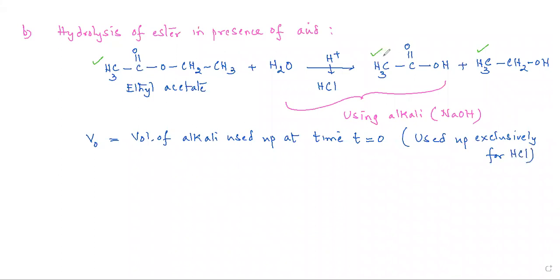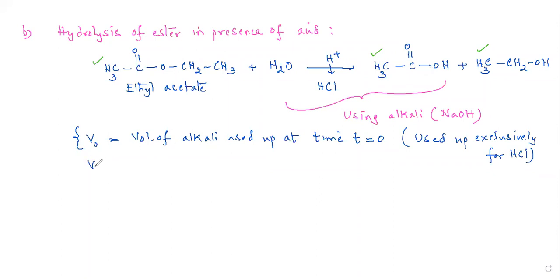Because no, we did not get any acetic acid as of now. We are just about to start. We have not yet started the reaction. So we don't get acetic acid right at the beginning of the reaction. So whatever alkali that is being used up is used only for HCl. Okay.